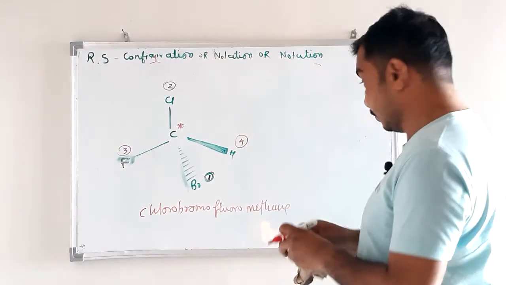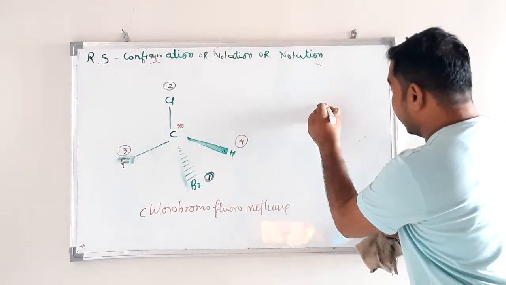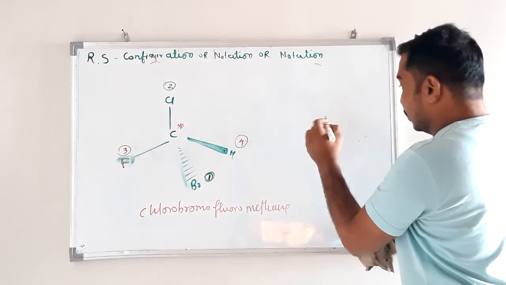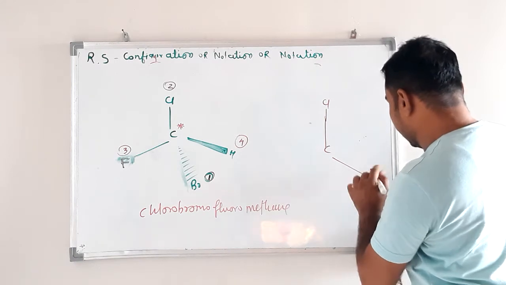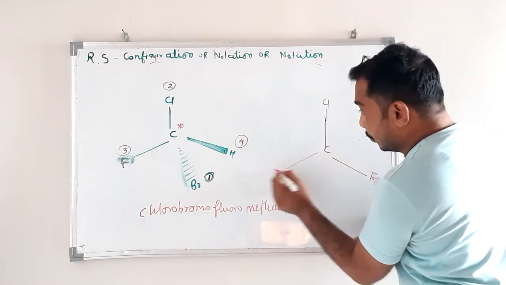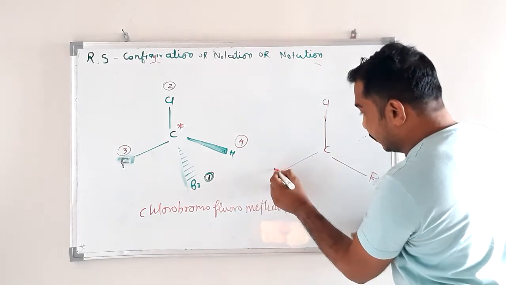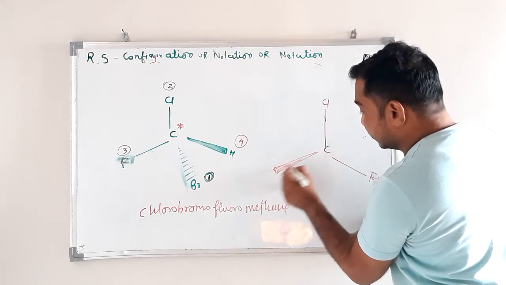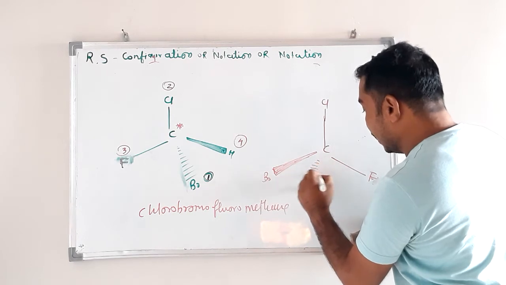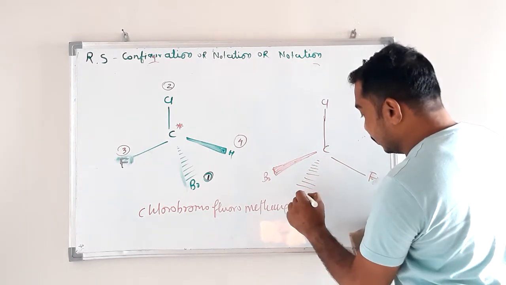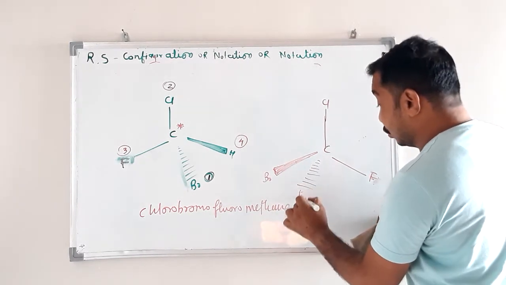Rotate it. After rotation, a new structure is obtained. Fluorine, bromine here on the back side. After rotation, it will be on the front side, meaning a dash bond, and hydrogen will be on the back side after rotation.